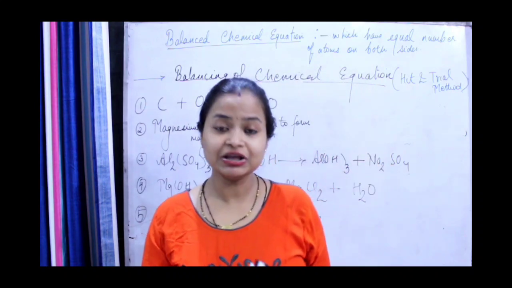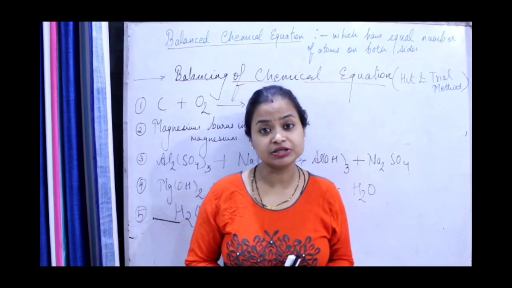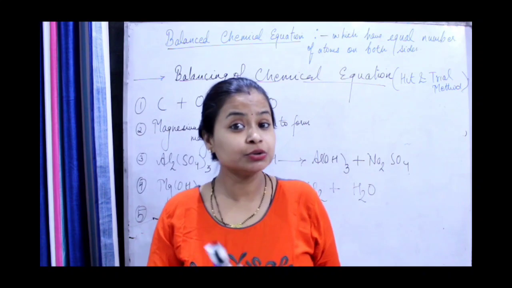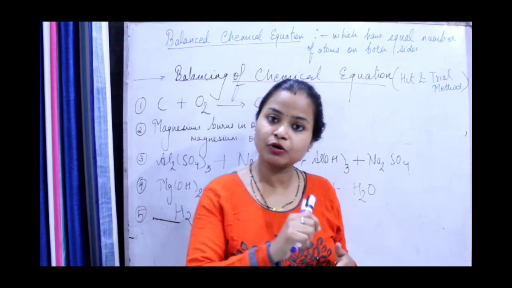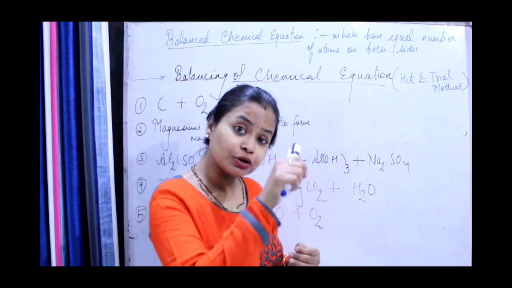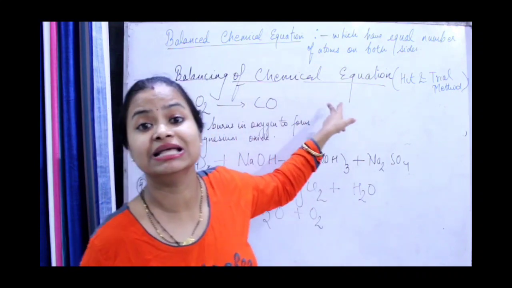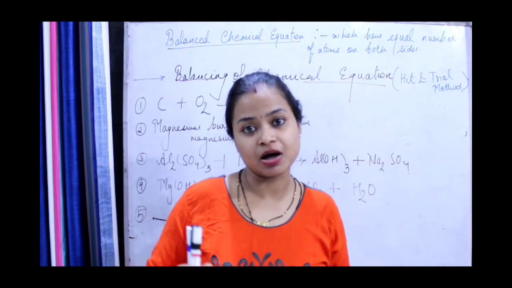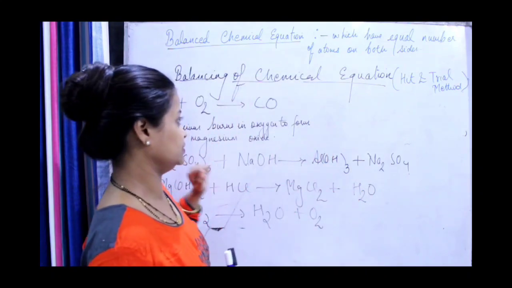So over here, according to Lavoisier's law of conservation of mass, if we are saying that total mass of reactants should be equal to total mass of products, that means we need an equal number of that particular atom on both the sides. That is why balancing is necessary. It is significant, so that the law of conservation of mass is being carried on.